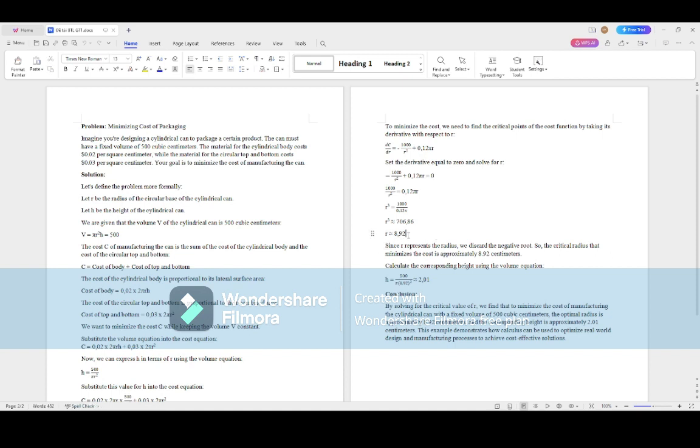So we have the results here. Since r represents the radius, we discard the negative roots. So the critical radius that minimizes the cost is approximately 8.92 centimeters. And the last step, we calculate the corresponding height using the volume equation.